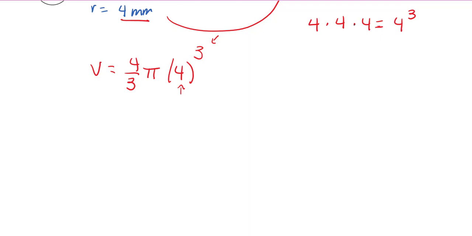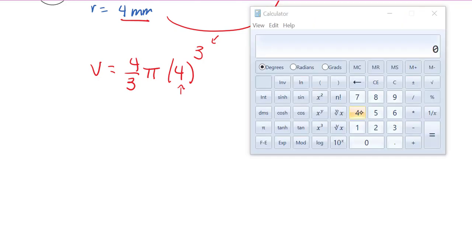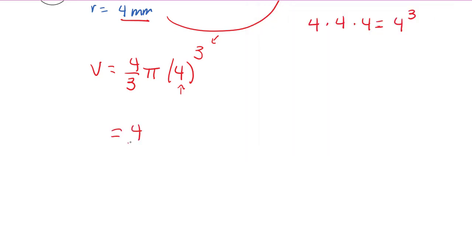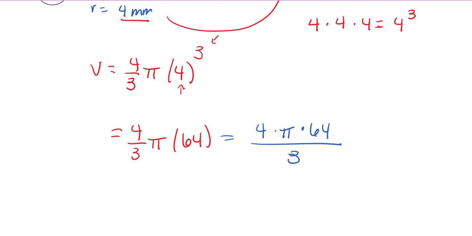But if you aren't sure, let's just go ahead and pull out our calculators. So we have 4 raised to the 3rd power, and we get, as I said, 64. Now, let's put that in. So what this looks like is 4 times pi times 64, and then we can just divide it by 3.